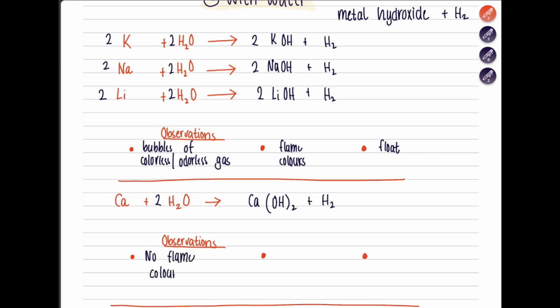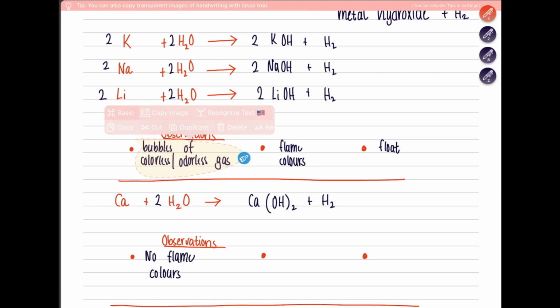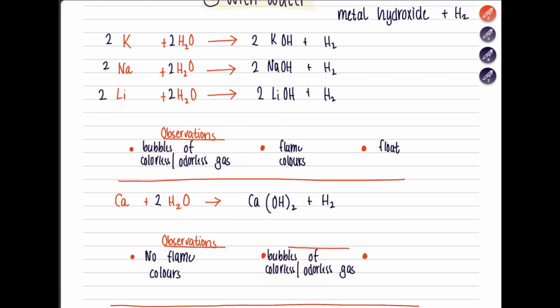We have hydrogen gas, so again we get bubbles of colorless, odorless gas. And finally, when the calcium pieces are added to water and they react, they move up and down in the beaker. For example, this is the beaker with water, and we add our calcium pieces. They float up and down.